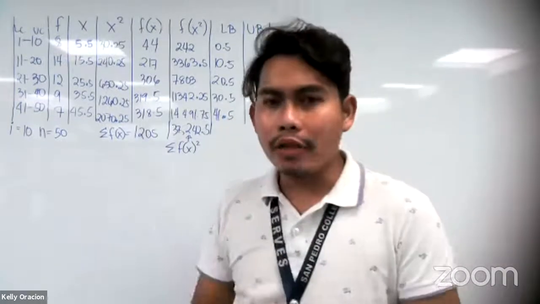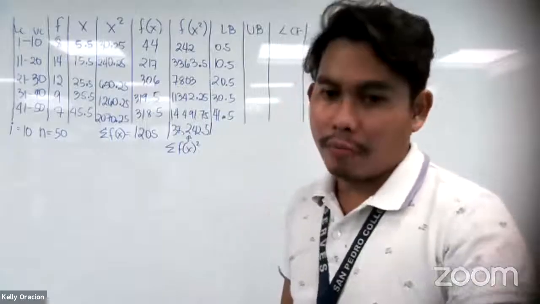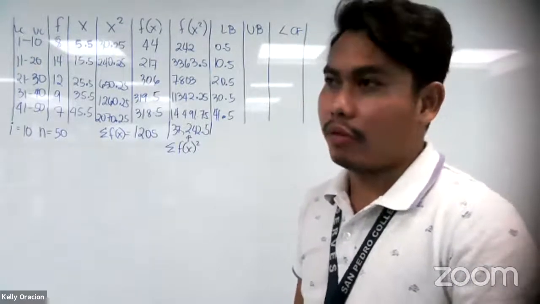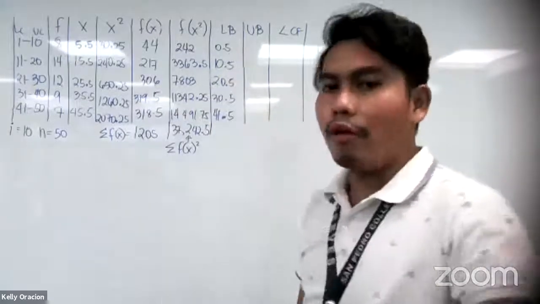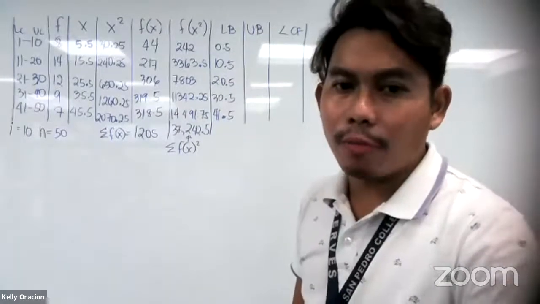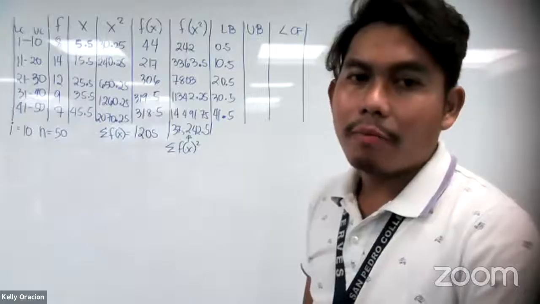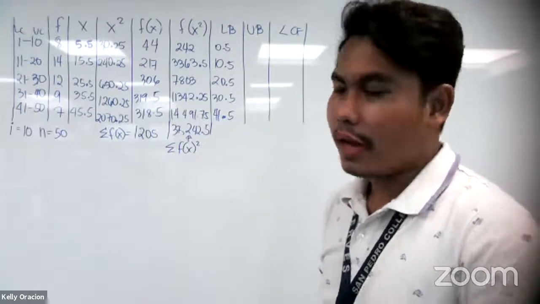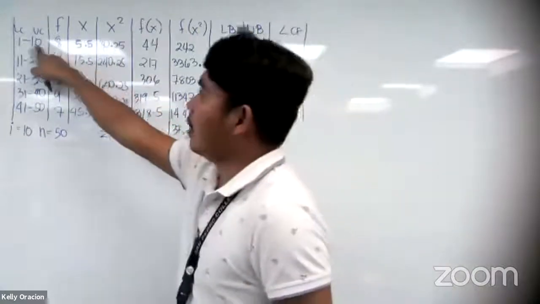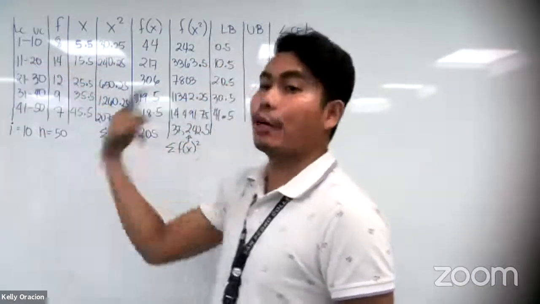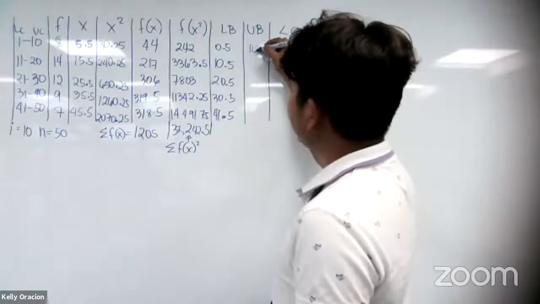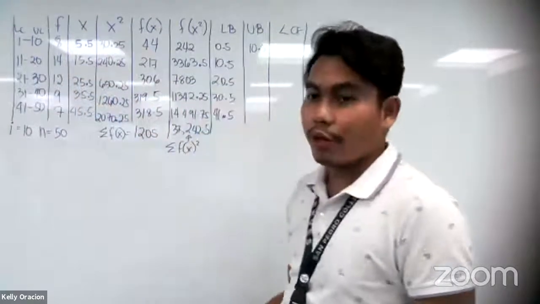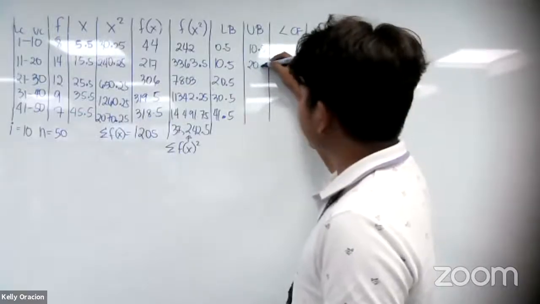Si upper boundary is kabaliktaran ng lower boundary. Kung kay lower boundary, nag-subtract tayo ng 0.5, kay upper boundary, mag-add tayo ng 0.5. 10 plus 0.5 is 10.5. 20 plus 0.5, 20.5.